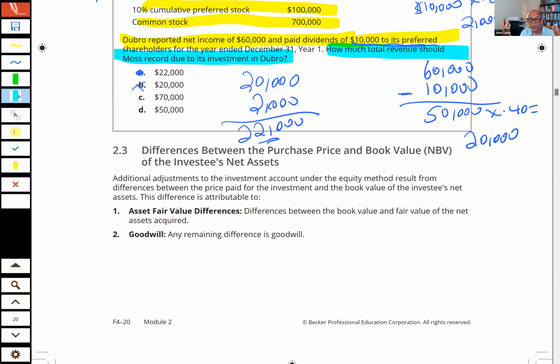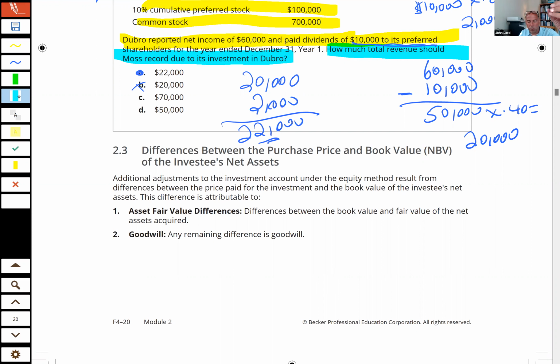But if we acquire 20% or more of the stock, and we're moving towards the equity method, we've acquired those assets in an arm's length transaction, so we're going to write those assets up to fair value.